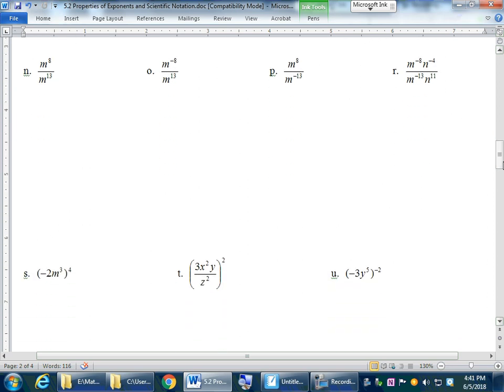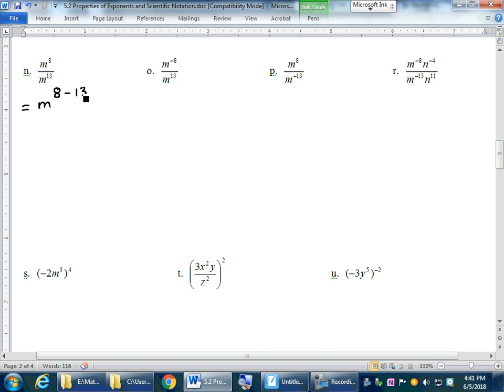The following examples are to practice property number 2, because a lot of us tend not to use property number 2, and some problems are very easy when you see that. So property number 2 basically says that if you have the same base and are dividing, then we have numerator exponent minus denominator exponent, and there's no more denominator.